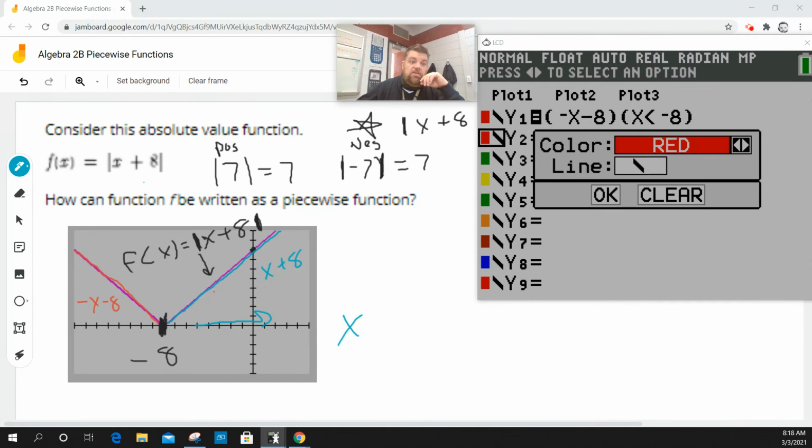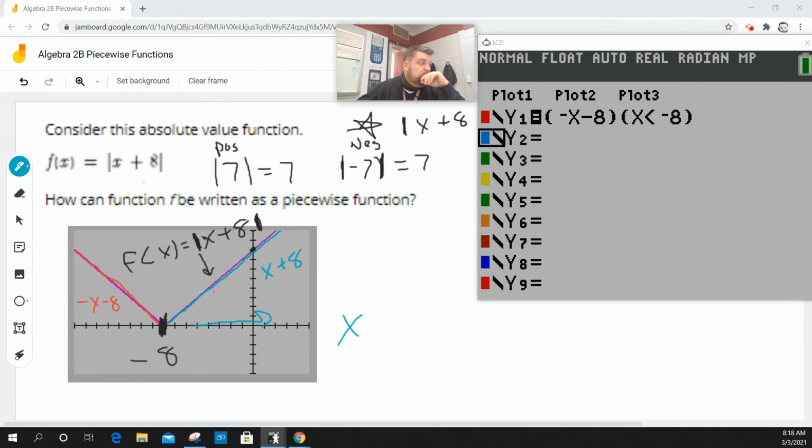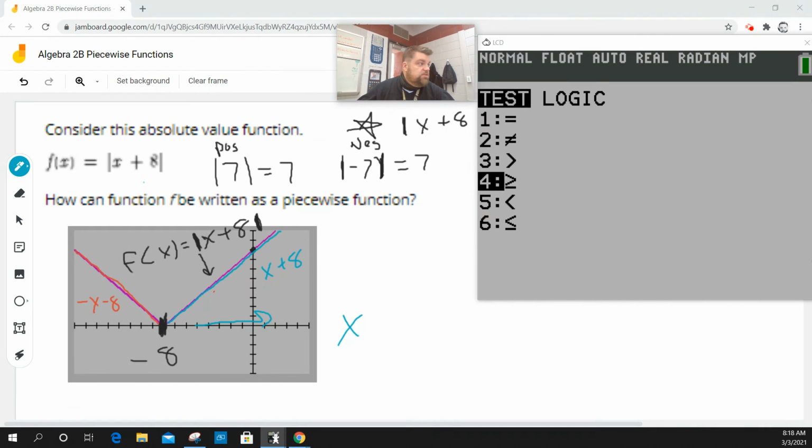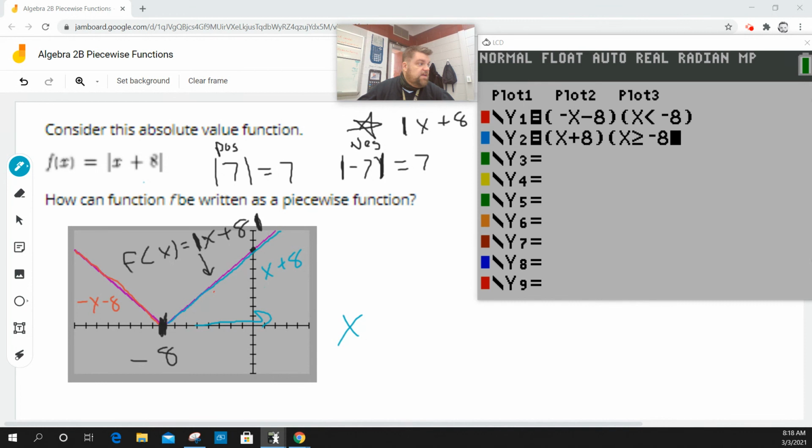And then for my next color, I think I did light blue. And then I'm just going to graph that as well. So I'm going to say x plus 8. And then I'm going to say x, second math, greater than or equal to negative 8, close my parentheses.